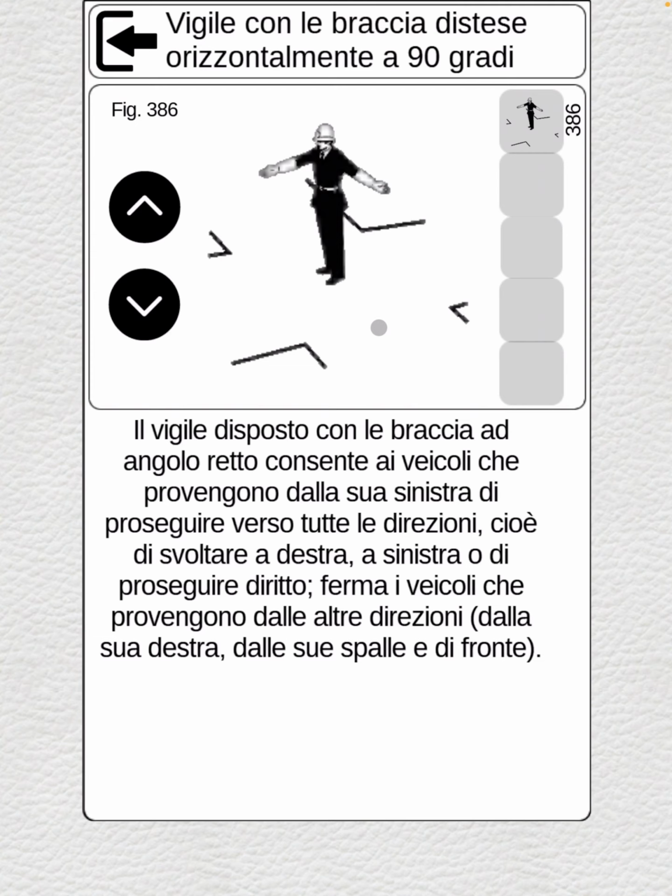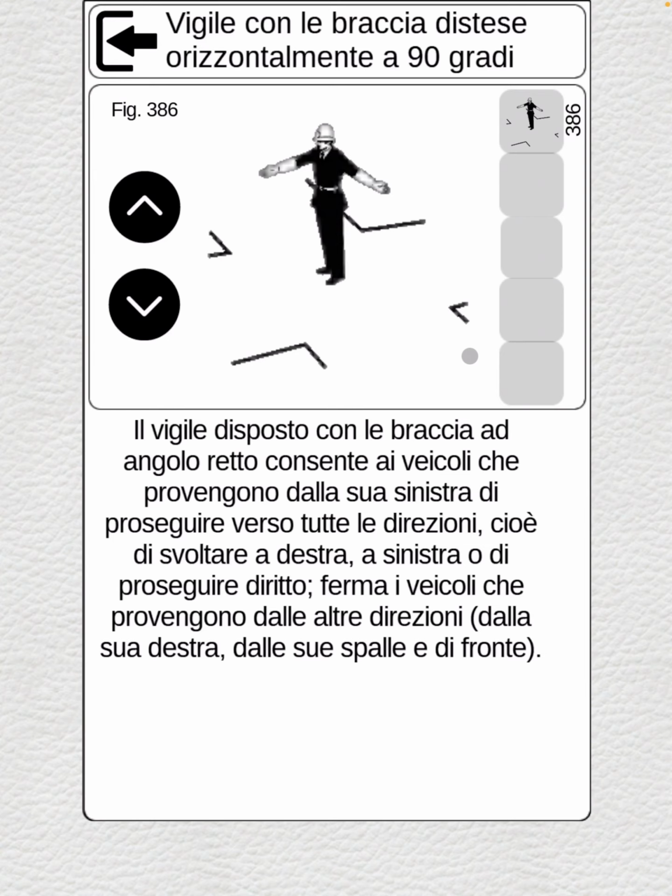It means the car that is coming from this sinistra, is it possible for him to go any direction? Yes, it's possible. If you are coming from this sinistra like this, you can turn to your right, you can pass the vigile's back, you can turn to your left, you pass this way. You can go in any direction.